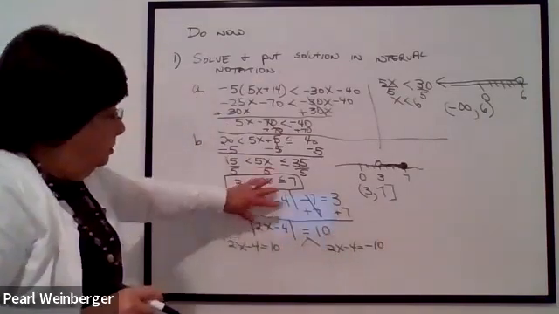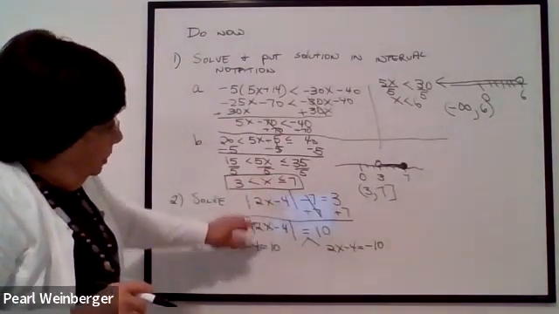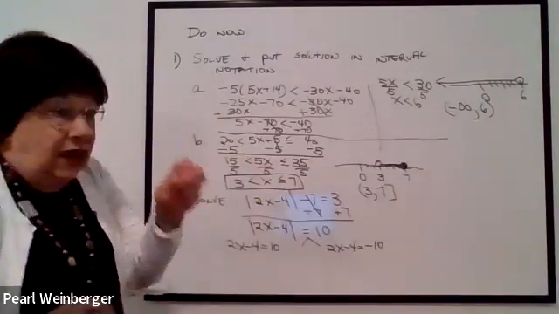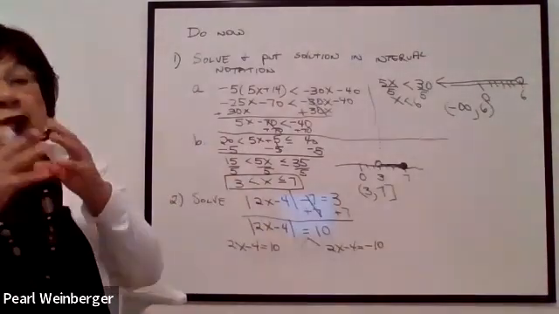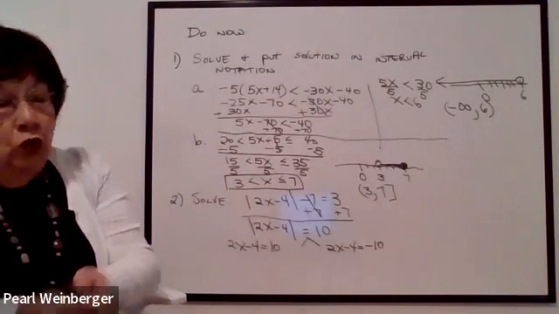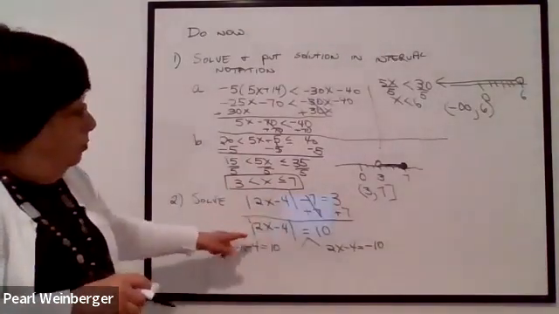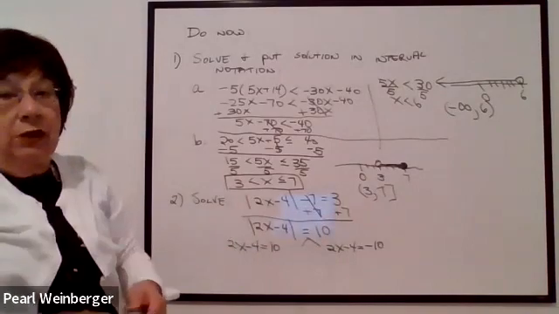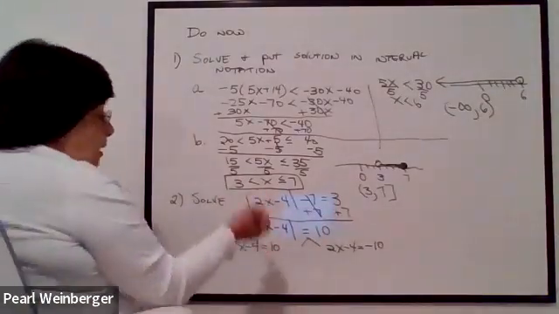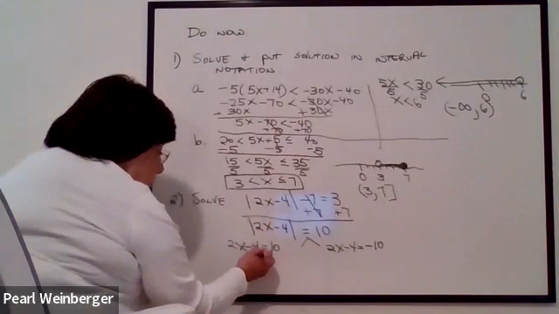That's because the 2x minus 4 is inside the absolute value sign, so it could have originally been a positive 10 or a negative 10, because both of those numbers have absolute values equal to positive 10. And now we just solve these two equations.